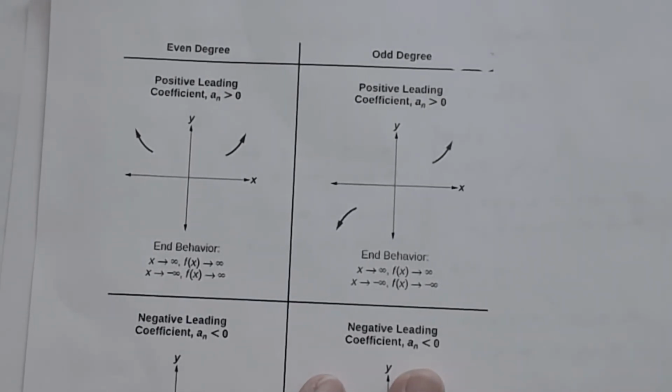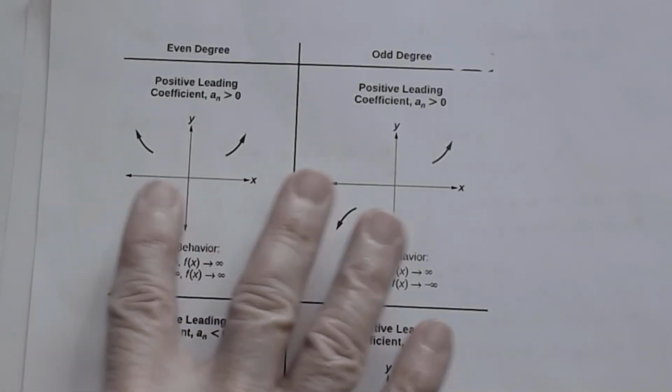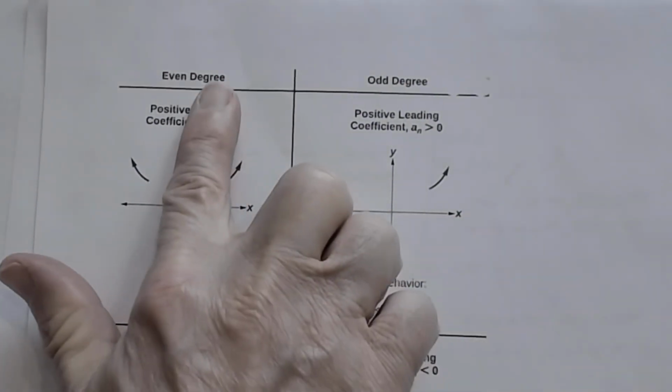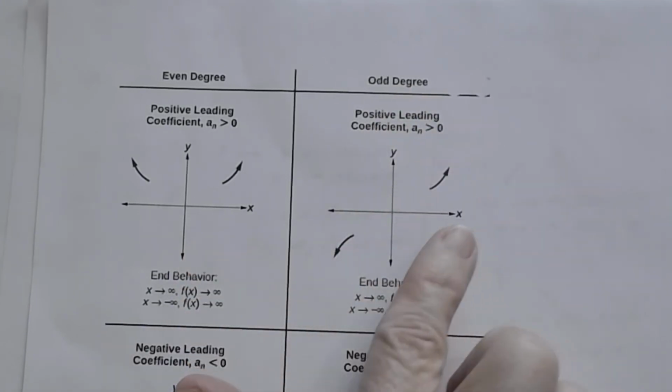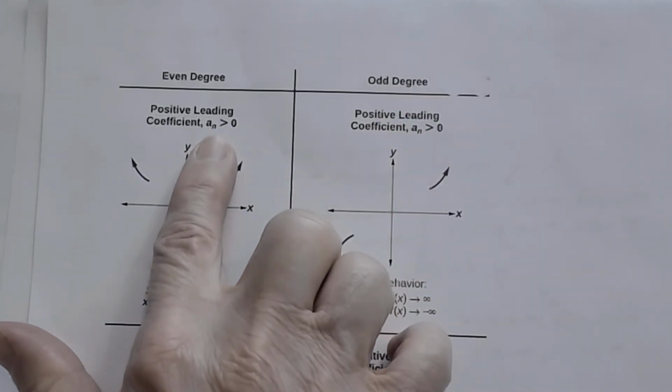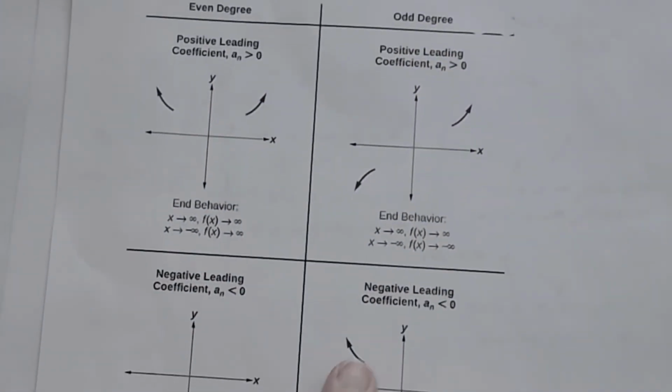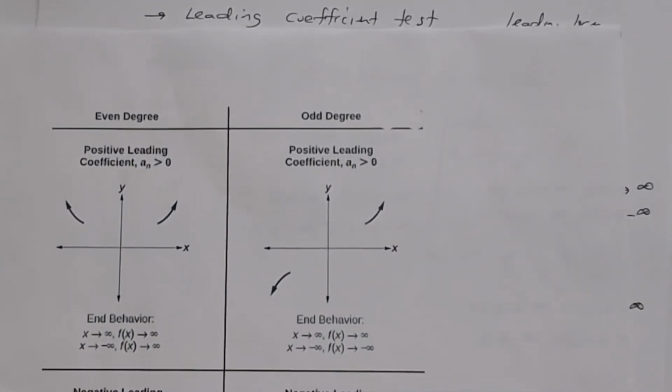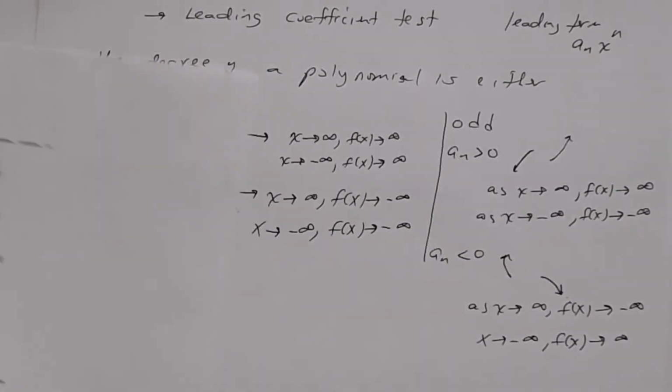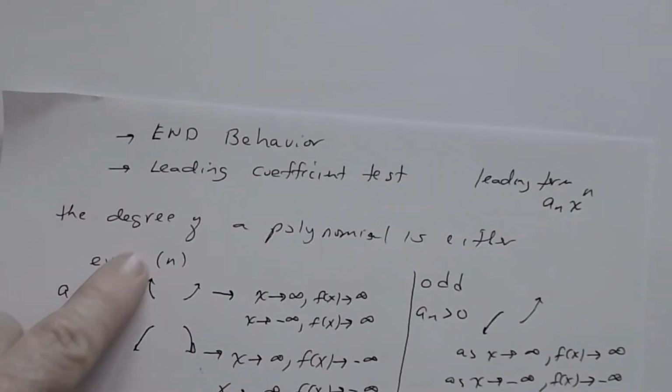You need to understand what all this means in terms of even degree, odd degree, and whether the leading coefficient is positive or negative. Okay? All right, so that'll be the end of our lesson on end behavior.